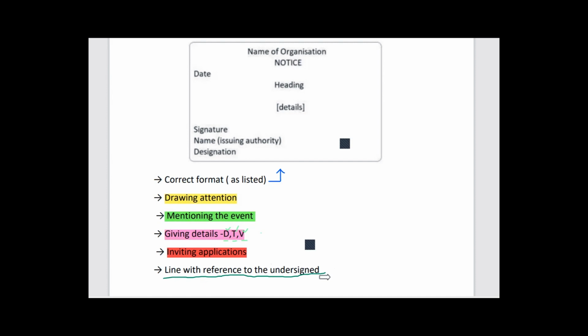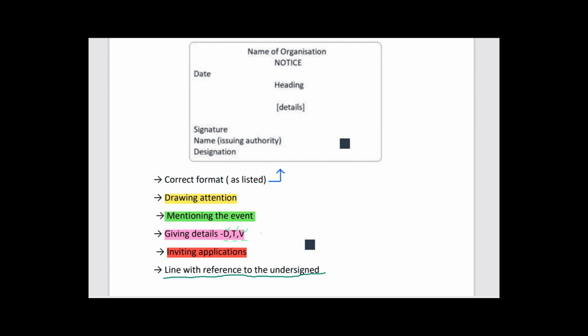Can we write, please contact the person mentioned below? Please contact the below mentioned person? Please contact me? Definitely don't use me because no first person is allowed in the notice. So the word to remember is undersigned and not the person mentioned below.